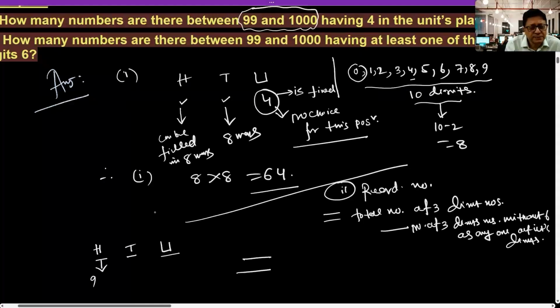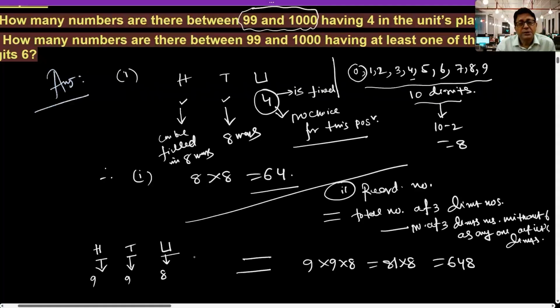This one, no repetition case we are considering. 0 can be there, 9 ways. Then 2 digits are in use in 2 places. Then this place can be filled in 8 ways. So this is going to be 9 into 9 into 8, 648.